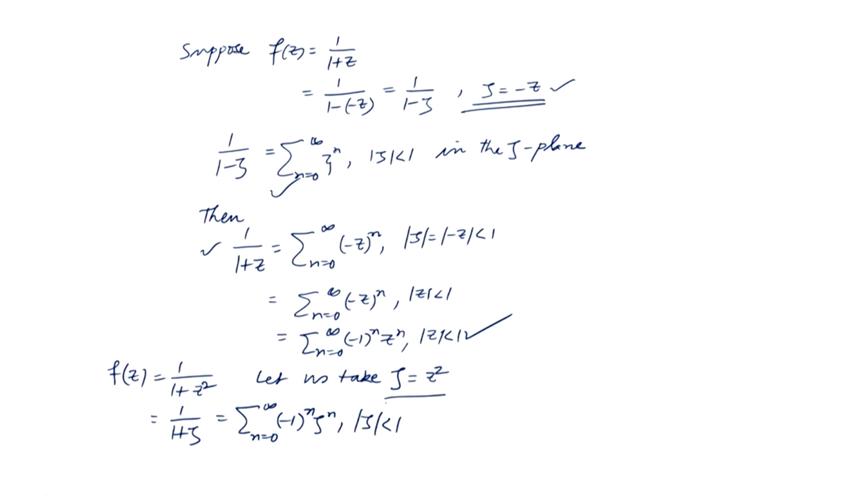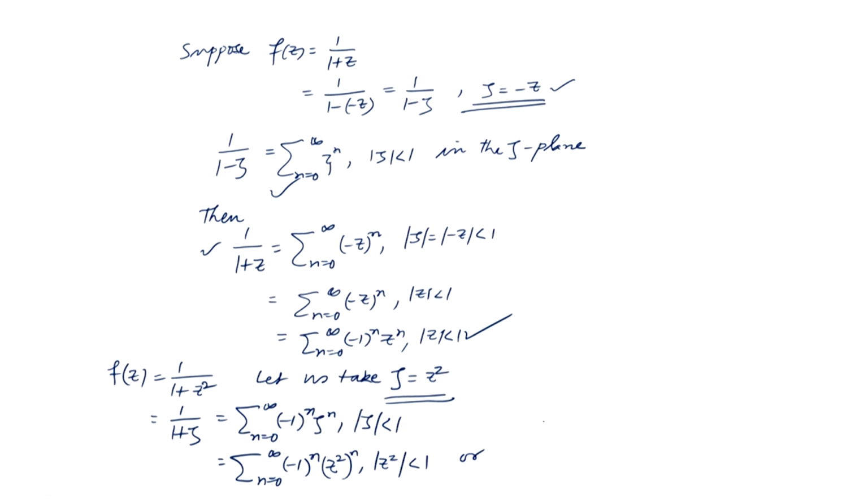Now, let us use zeta equal to z square. So, we shall write sigma n equal to 0 to infinity (-1)^n (z^2)^n, and then |z^2| < 1.